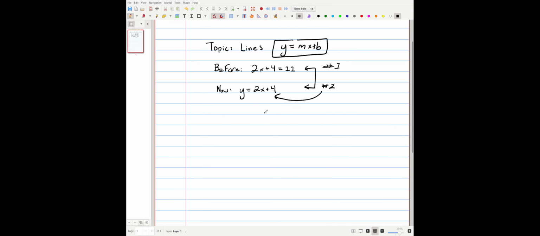Okay, so typically we're going to isolate y, but like in the first equation we would isolate x, but generally from here on out we're probably going to isolate for y.